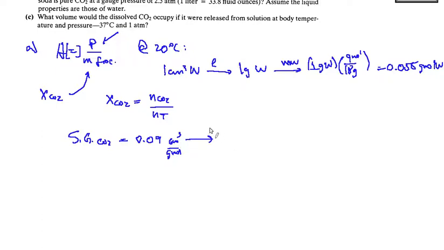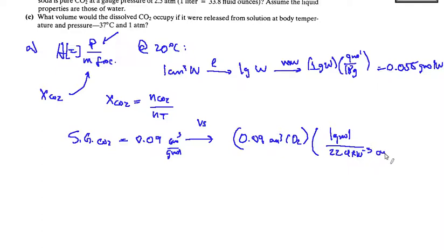Then with the standard volume, I'm going to change it to see how much that occupies. So it's 0.09 cubic centimeters of CO2 divided by the gram mole. And 1 gram mole I know occupies this volume.